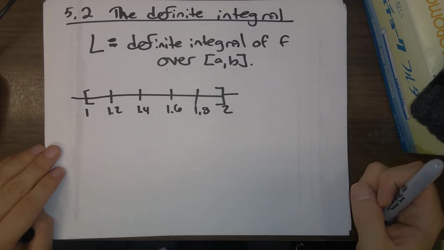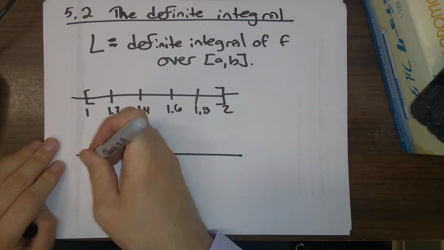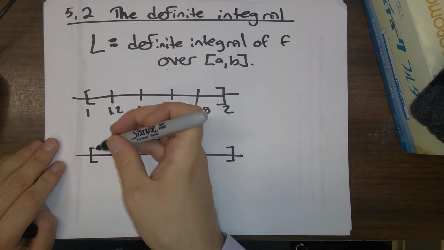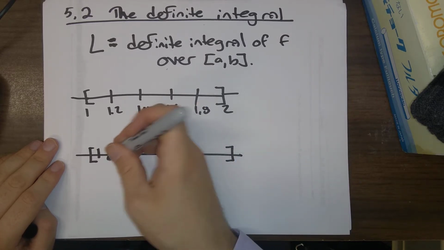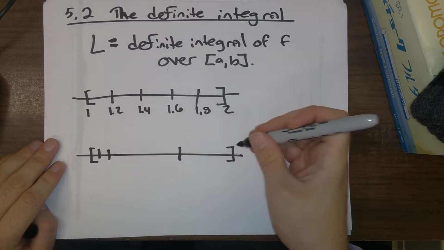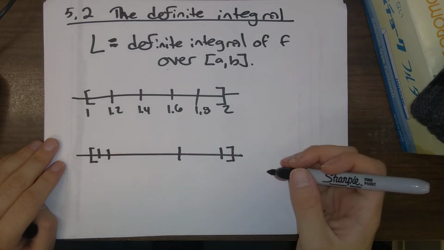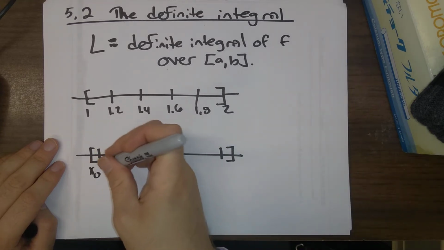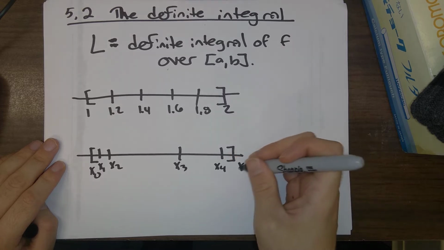However, we don't necessarily have to have equally spaced intervals. If we want to chop into 5 intervals, we could do this choice, this choice, this choice, this choice, and this choice. So we would just say here x0, x1, x2, x3, x4, and x5.